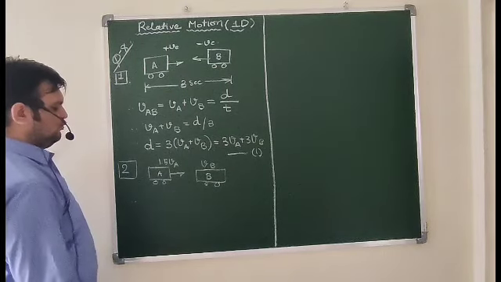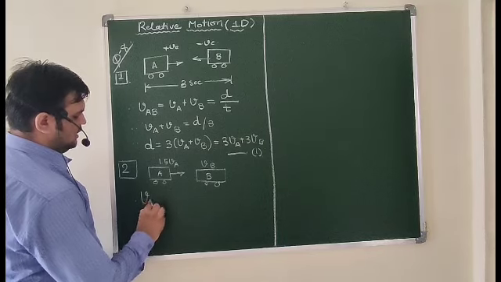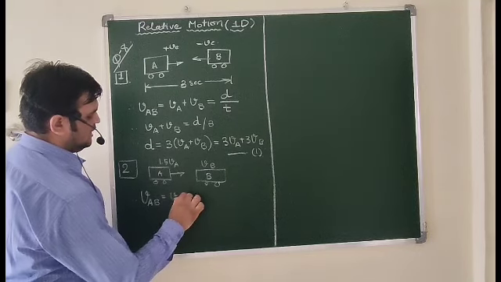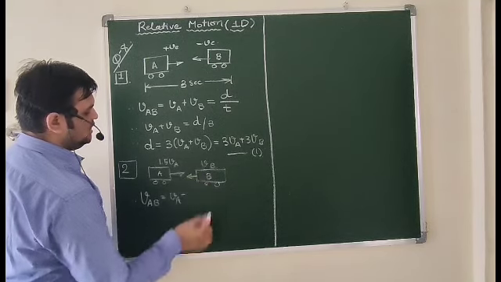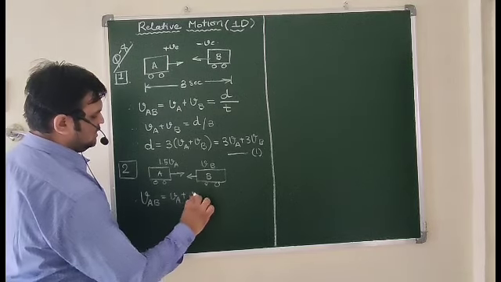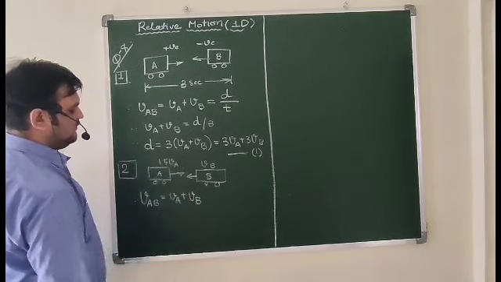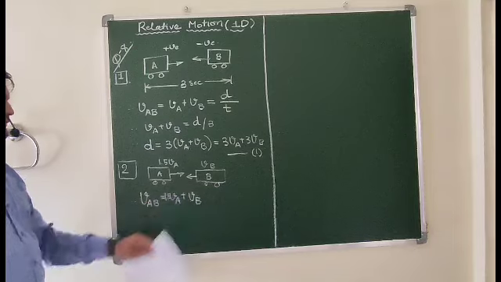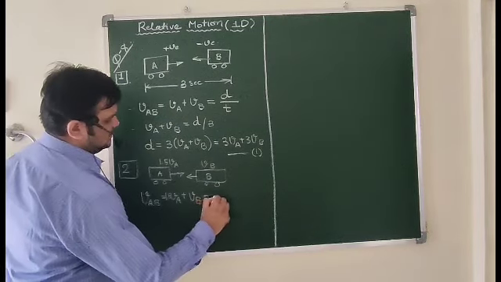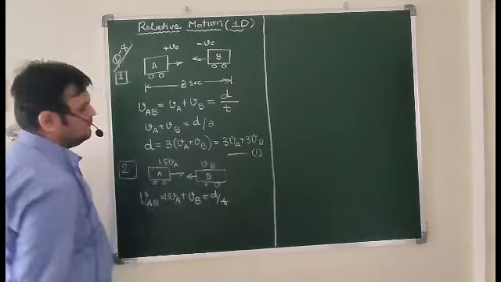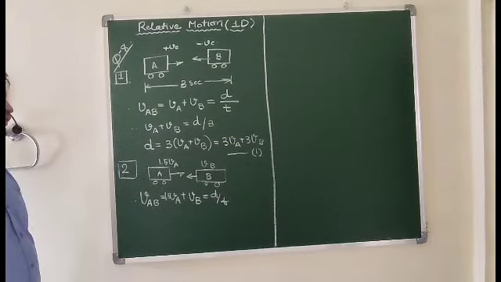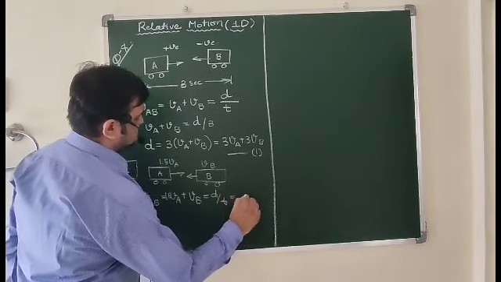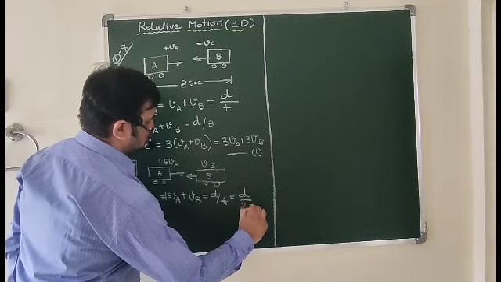So now in case number 2, the relative velocity of A with respect to B, that is VA minus VB, so it is, but here the VA is 50% increased, so it is 1.5 VA plus VB, that is distance divided by time. The time taken to cross B is 2.5 seconds in the second case, so D by 2.5.